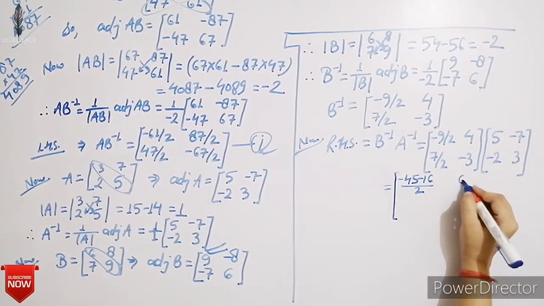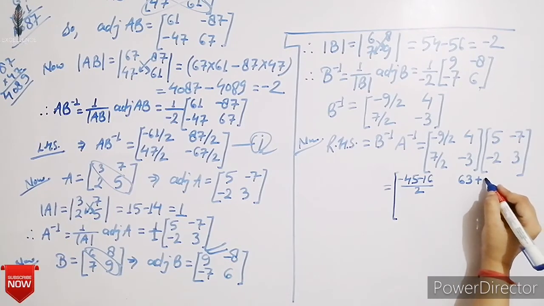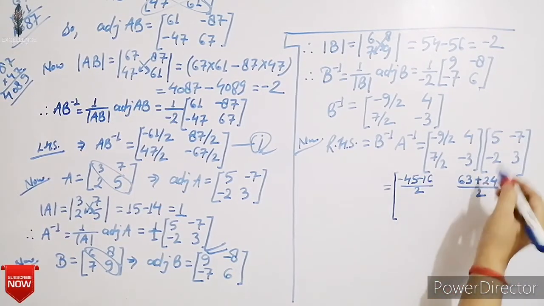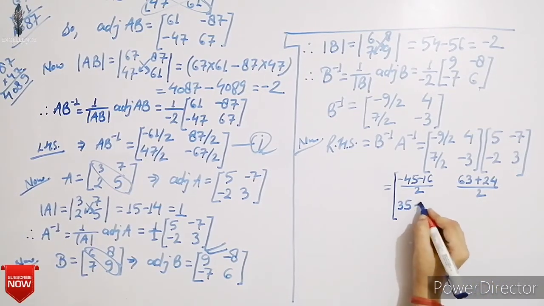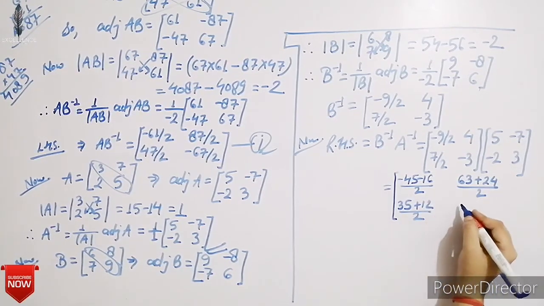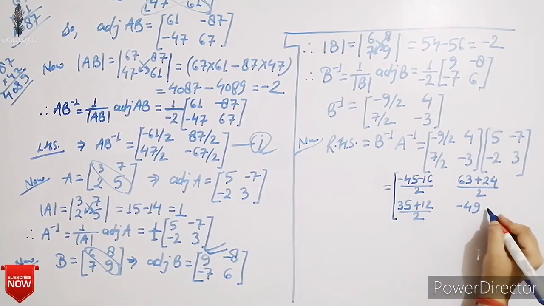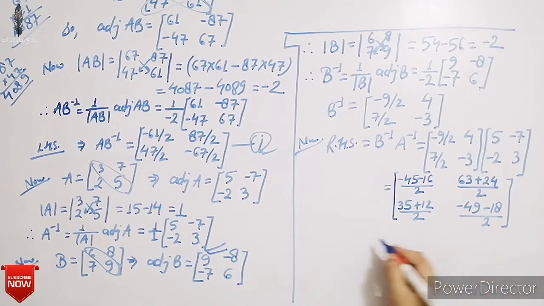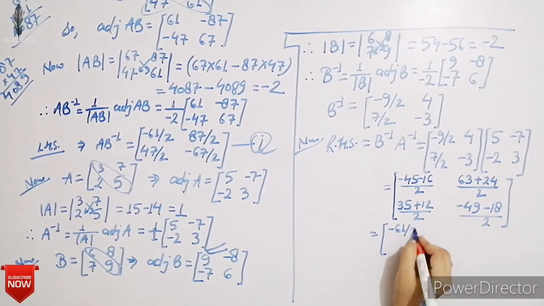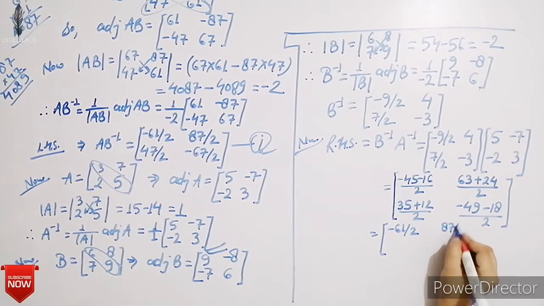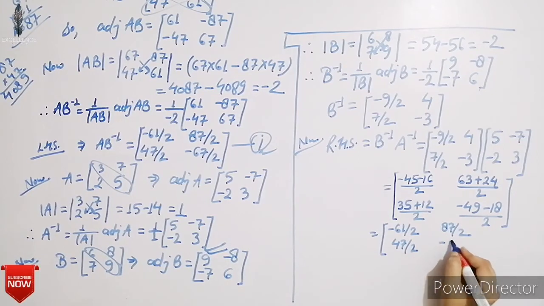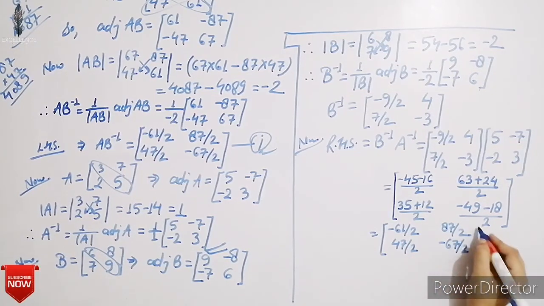First row by second column, 63 plus 24 by 2. Second row by first column, 35 plus 12 by 2. And second row by second column, minus 49 minus 18 by 2. On solving, it is equal to minus 61 by 2, 87 by 2, 47 by 2 and minus 67 by 2.